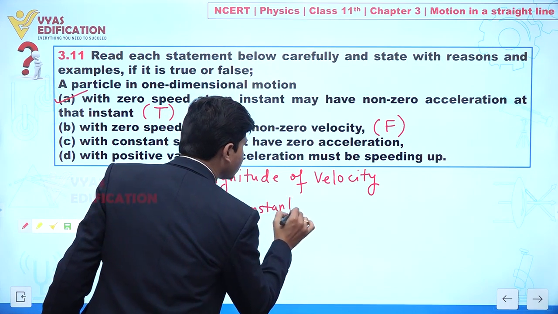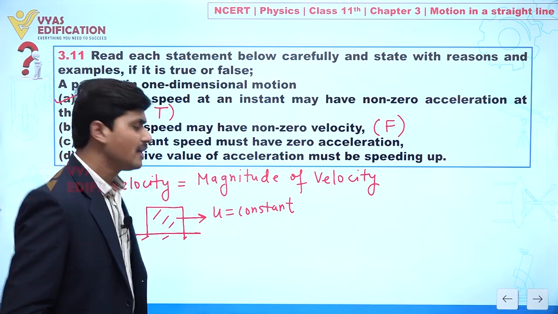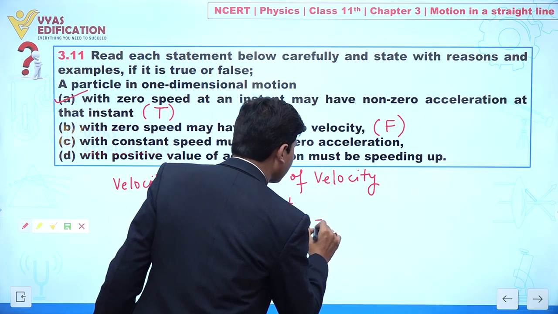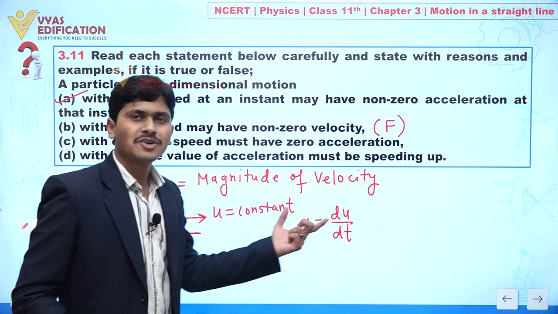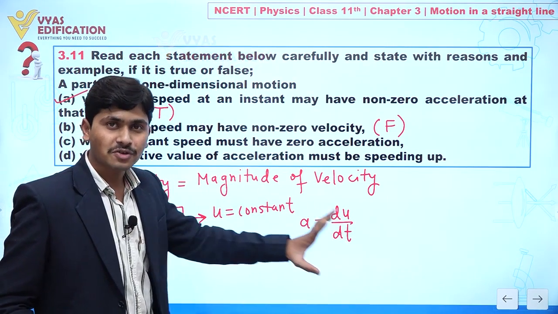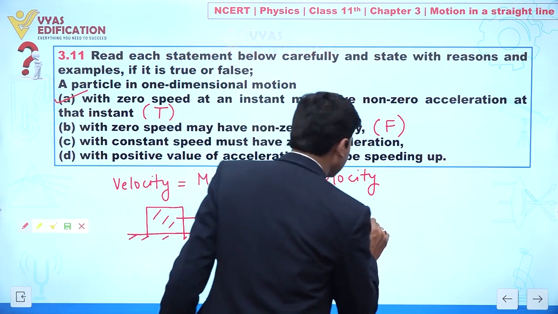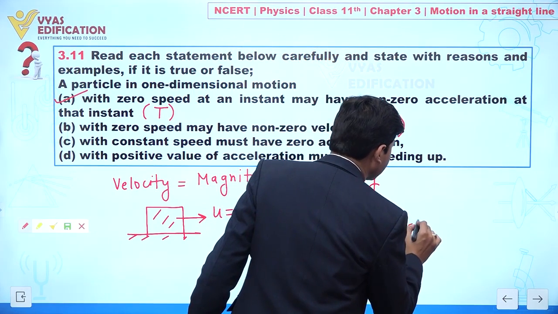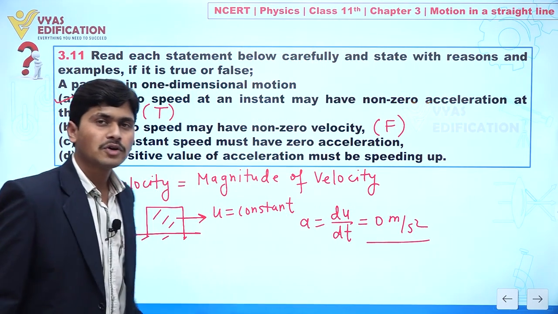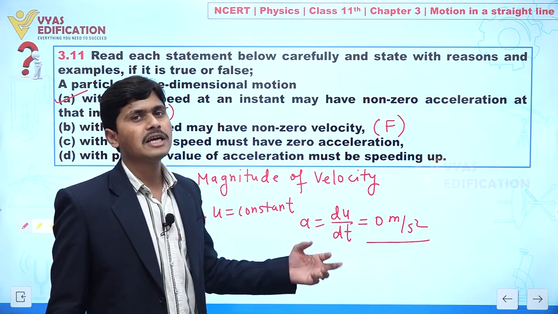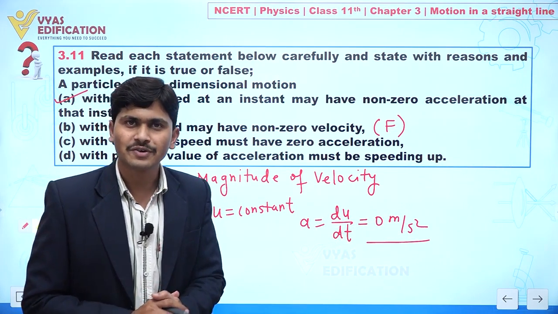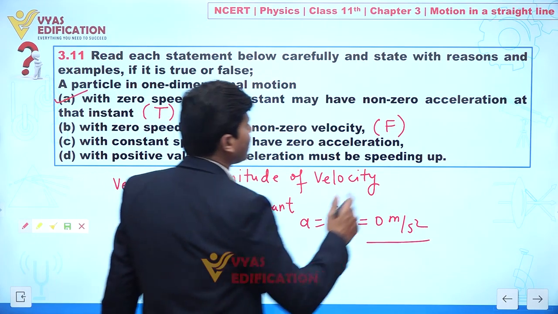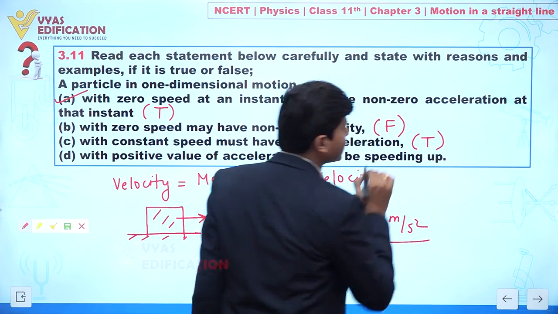Whenever we have constant speed, acceleration is given by du by dt, and when the speed is constant and the direction is also not changing, the acceleration of this particle is 0. Clear? Because the particle is moving in a straight line, the speed is constant, so the acceleration is 0. Clear? It means part number C is also a true statement.